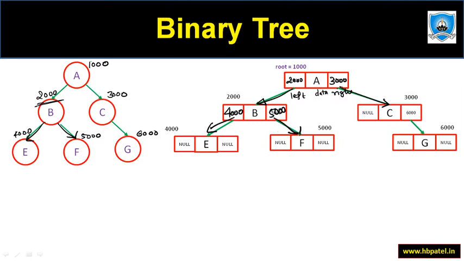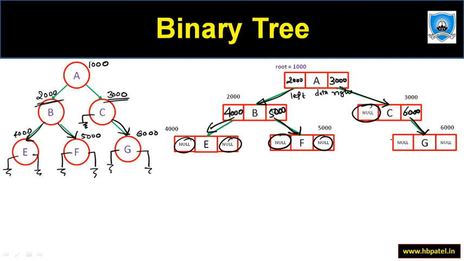The right of 3000 goes to 6000, but there is nothing on the left side of C, so I'm going to put null. There is nothing on the left and right of E, F, G, so for those I am not going to put any address, but I am going to put null only. So this is how you can visualize a binary tree.